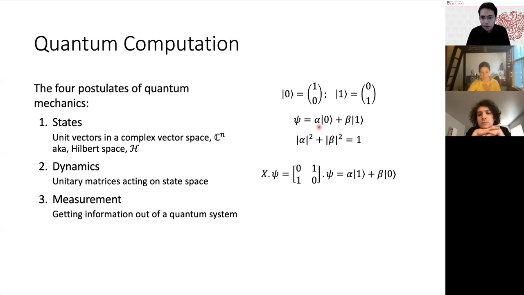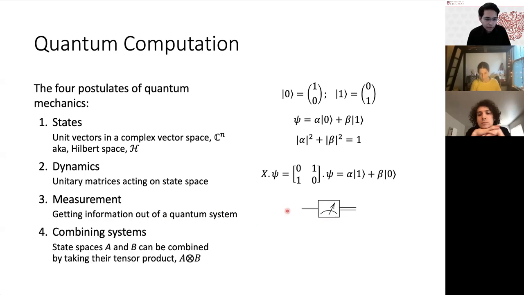Alpha squared that we see here is the probability of getting the output 0, and beta squared is for 1. I'll be using a little bit of circuit notation in future slides, and this is the notation used for a measurement gate. I'll show some more gates on the next slide.